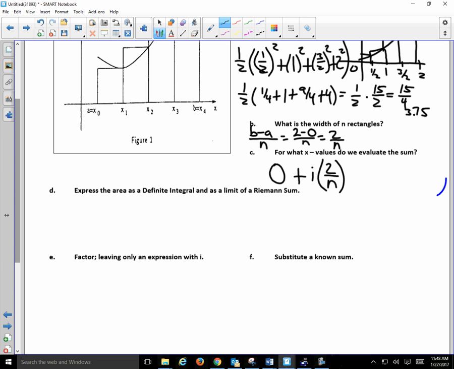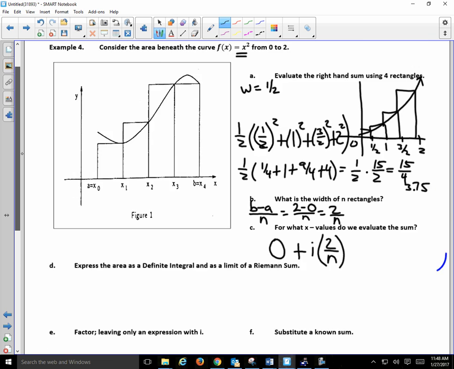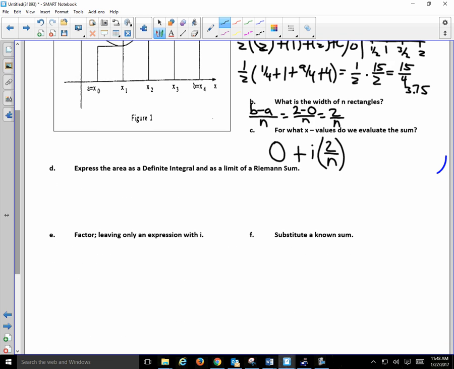And so we use I in that place, because the summation will tell us that we start with 1 and then we go to 2, so on and so forth. So x sub I is equal to 2I over n in this situation. That's the spot that we evaluate the heights. Getting these two pieces is crucial for being able to write the appropriate limit.